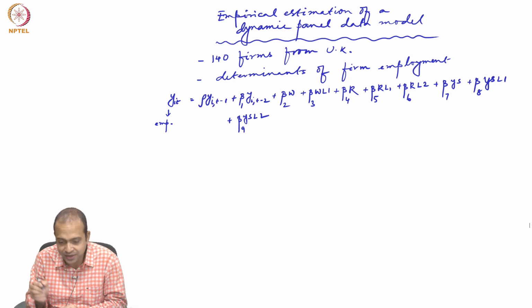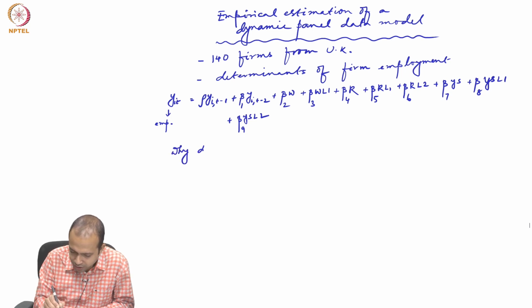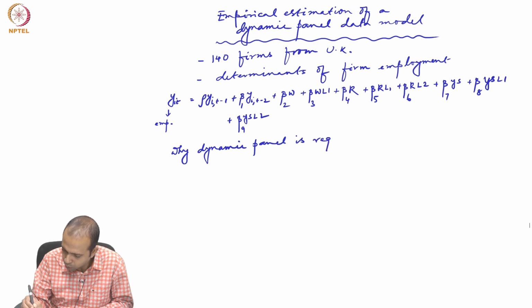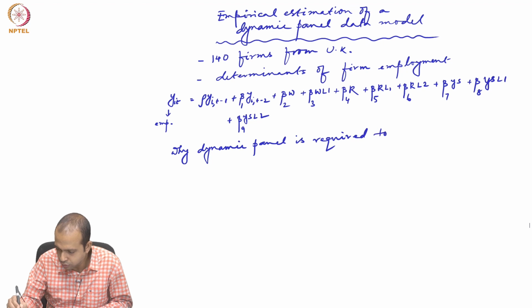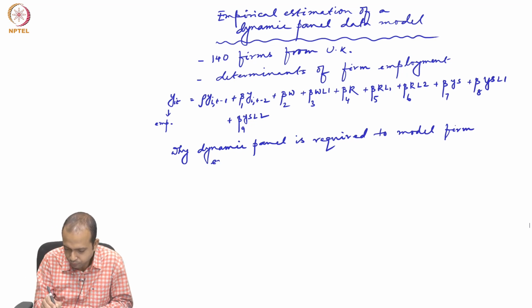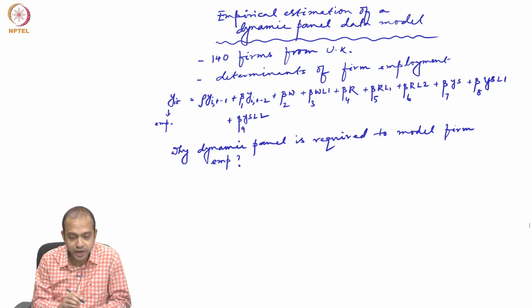First of all, why dynamic? Why is a dynamic panel required to model firm employment? Why first of all there should be Y_i,t-1?